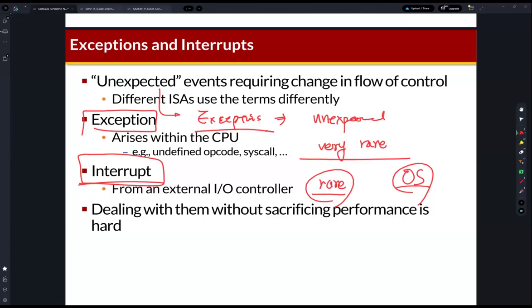So I explained how exceptions or interrupts are handled in a processor. This process is similar to a function call, a procedure call, right?